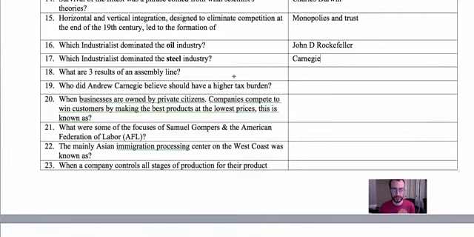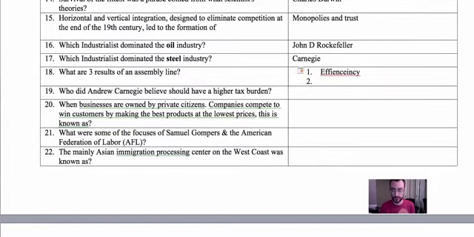What are 3 results of the assembly line? You could list more than 3, but we're going to put efficiency. Efficiency is a big one. Number 2, mass production.